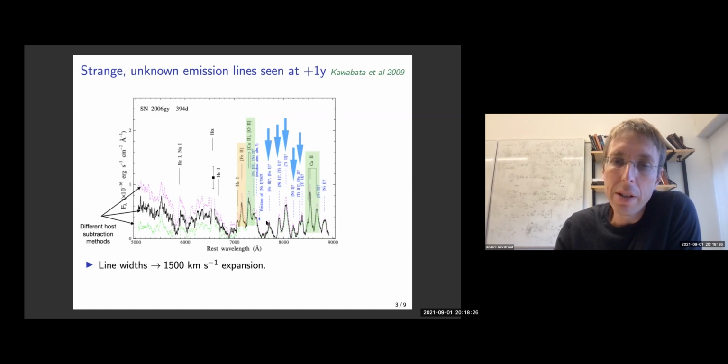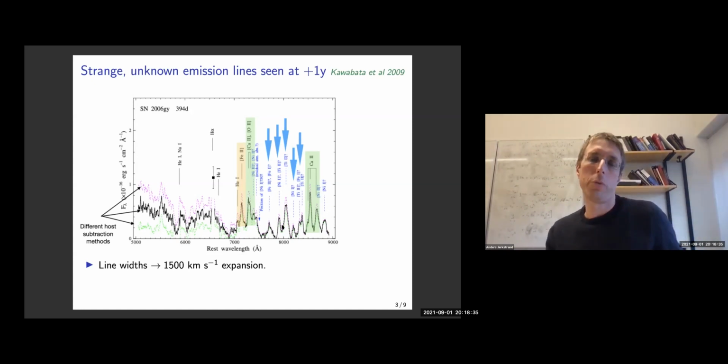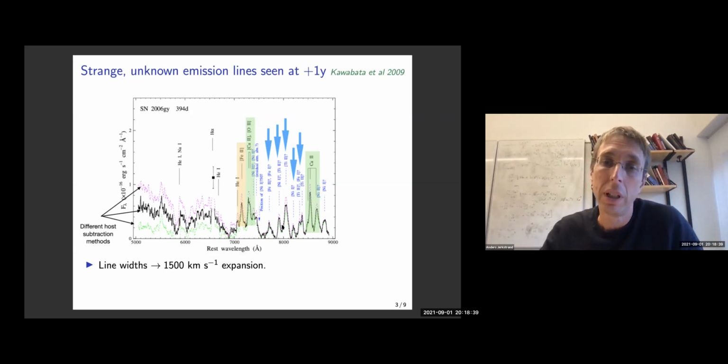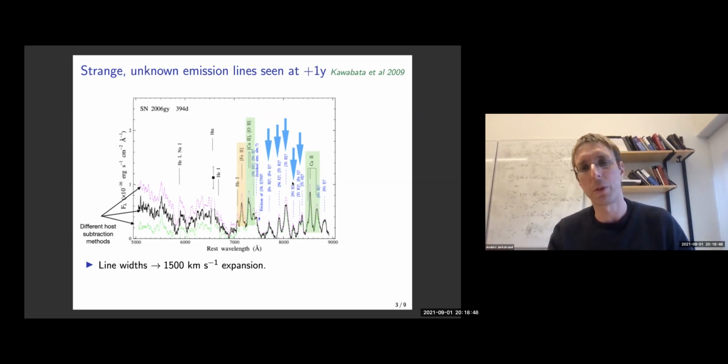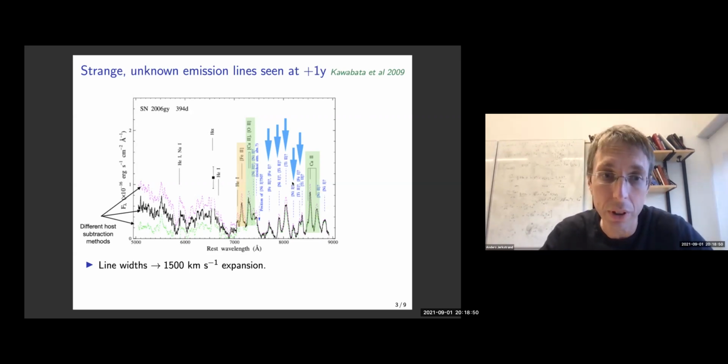Some of the strongest lines that we were seeing could not be identified. And these are the lines that you see here with the blue arrows, around 8,000 angstrom. So we have never seen these lines in supernovae before. And the authors here in this 2009 paper, they speculated a little bit, but none of these suggestions have survived further scrutiny.